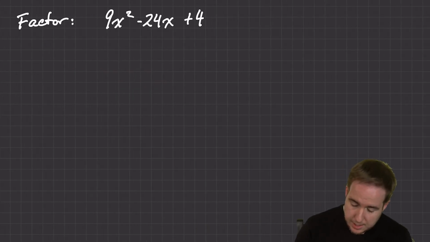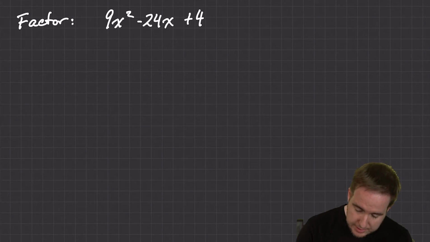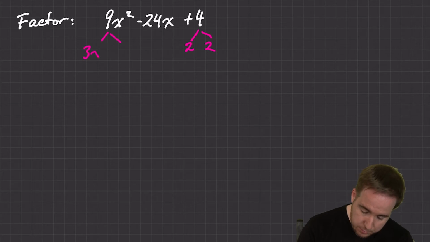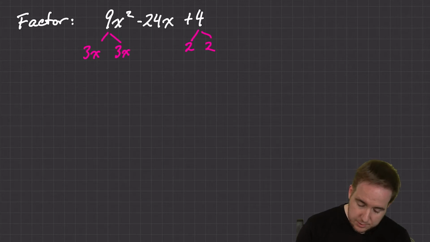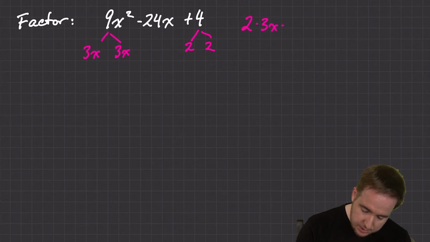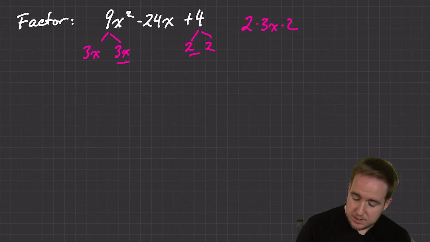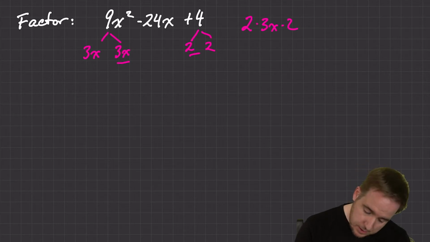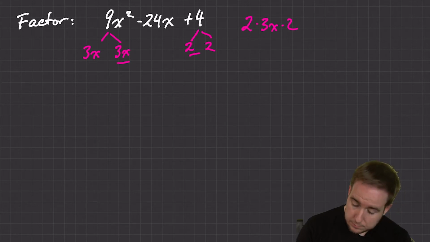We'll do another one. 4 is 2 times 2. 9x squared, that's 3x times 3x. And you have to ask yourself, what is 2 times 3x times 2? 2 times 3 is 6, times 2 is 12.